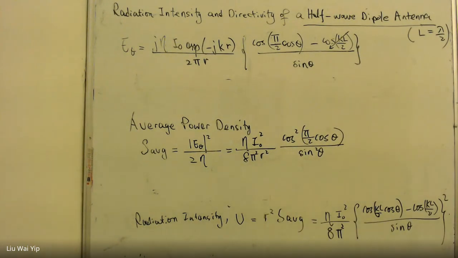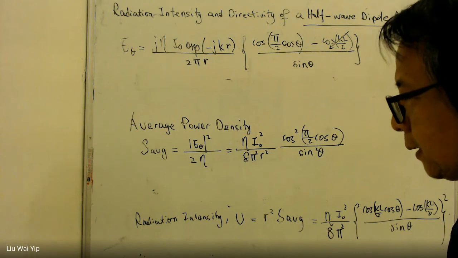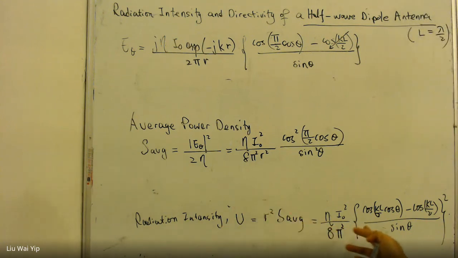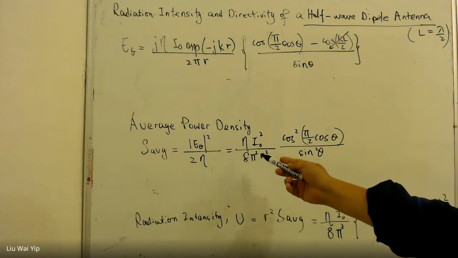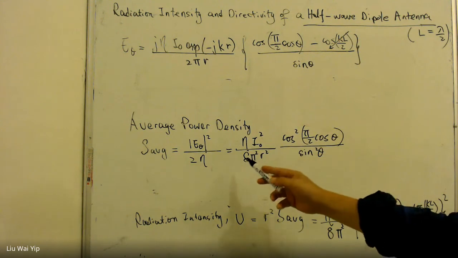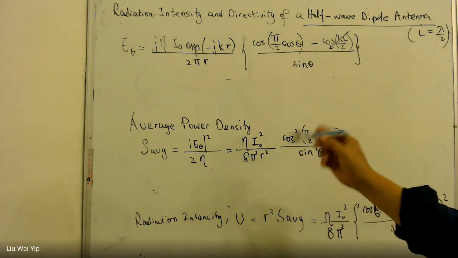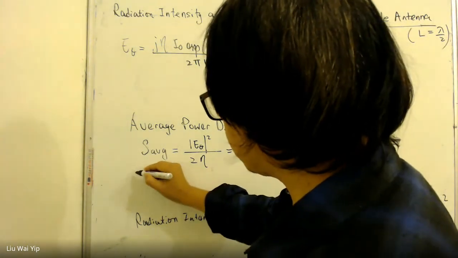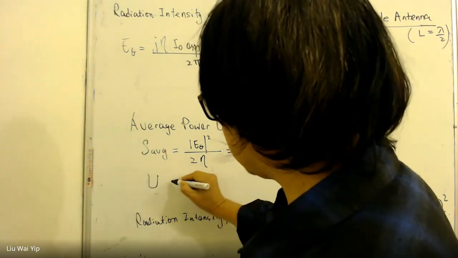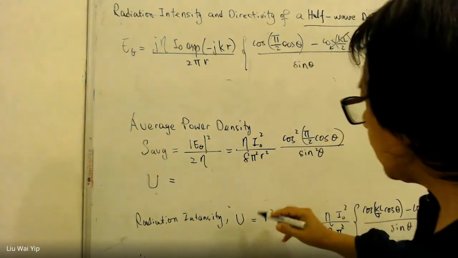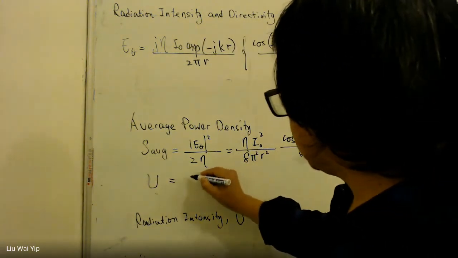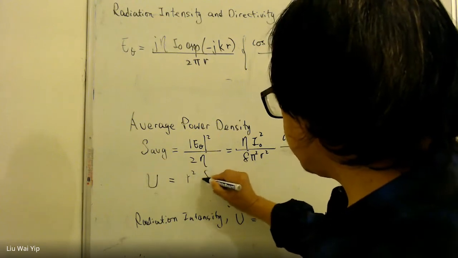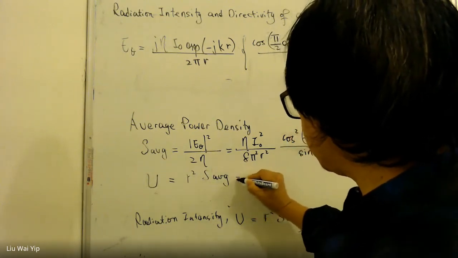And how about the radiation intensity? According to what you have got here, you just need to cancel off this term. Now you can just get the radiation intensity by direct inspection. So U becomes r square S_av.